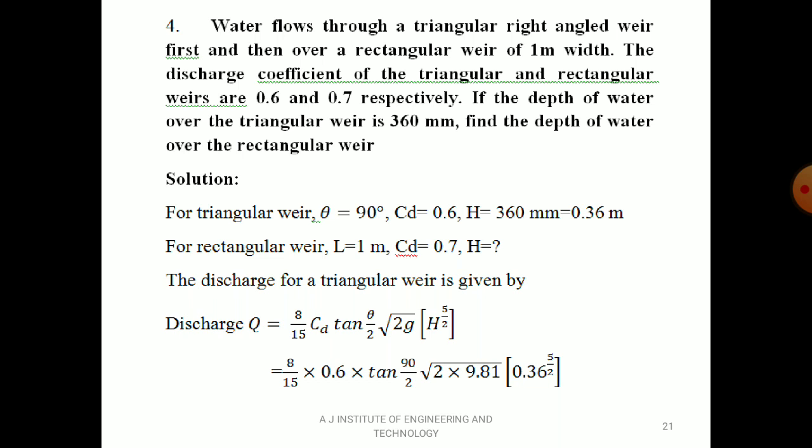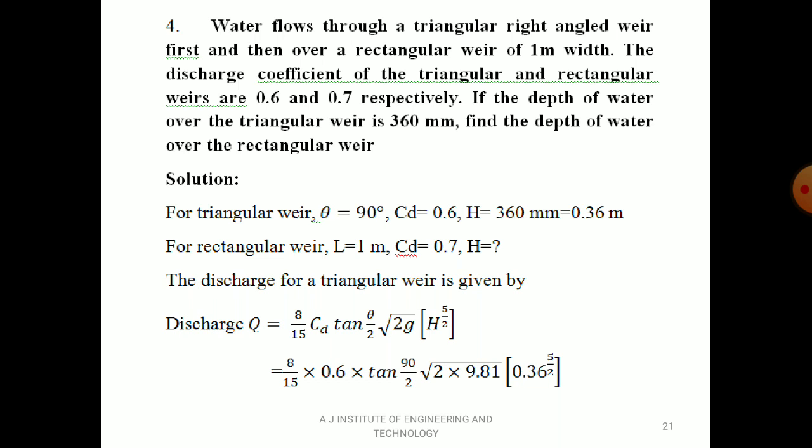So instead of getting confused, you can replace capital letter H by H1 for the rectangular weir. I use that symbol in the formula. Just remember that, otherwise you are going to substitute the same value 360, and you are going to end up with nothing. So the discharge for a triangular weir is given by discharge Q equal to 8 by 15 CD tan theta by 2 into square root of 2g into h to the power 5 by 2.